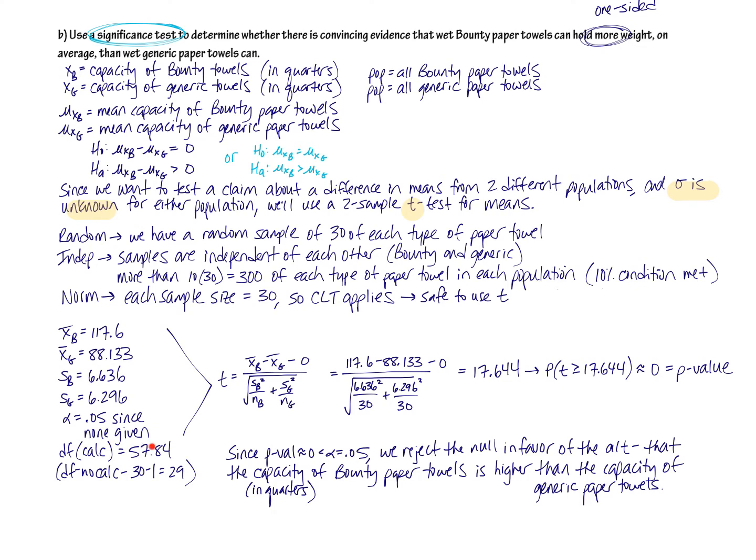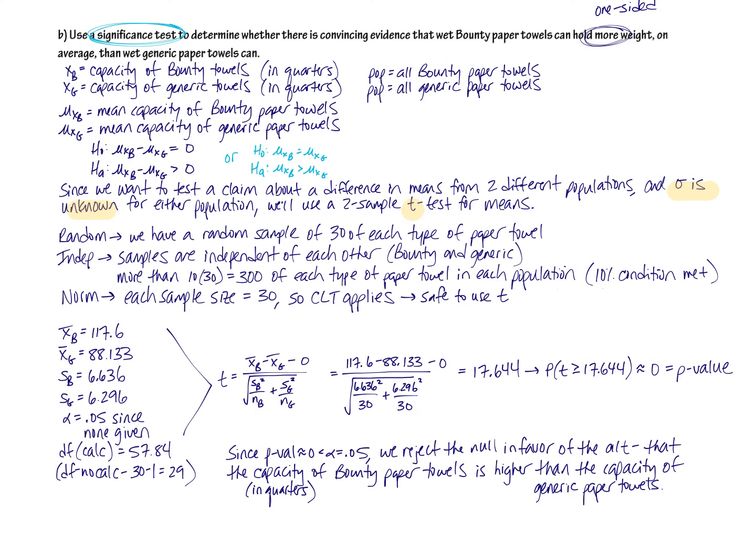And then with this degrees of freedom, gives you a p-value basically 0. Remember that your calculator might be so exact that it gives you a number in scientific notation like 1.29 times 10 to the negative whatever. That is basically 0. So just keep that in mind, that if your calculator gives you scientific notation, just know that that is approximately 0.